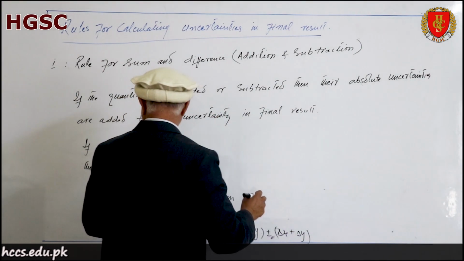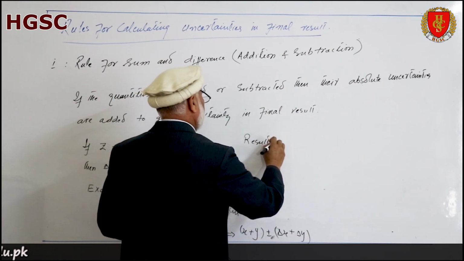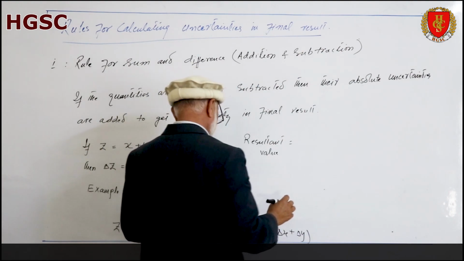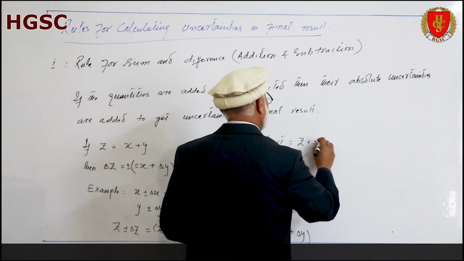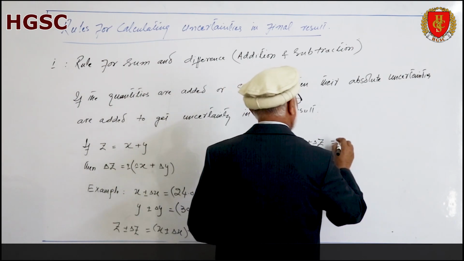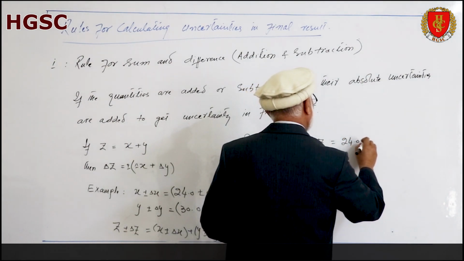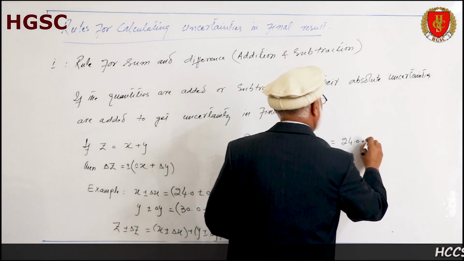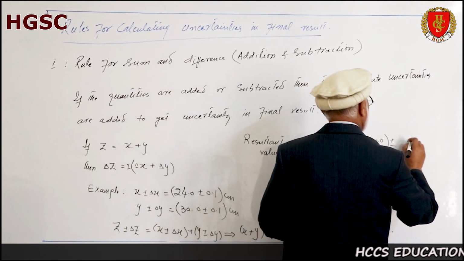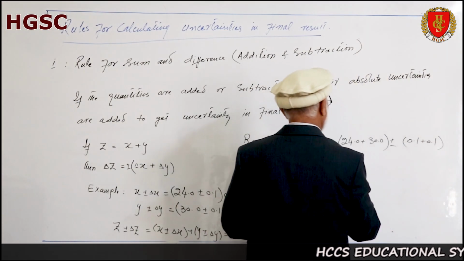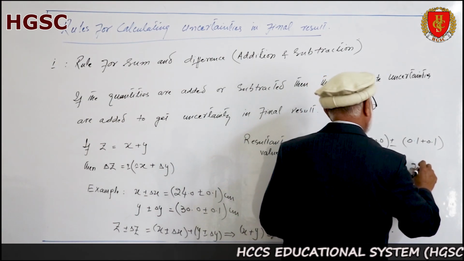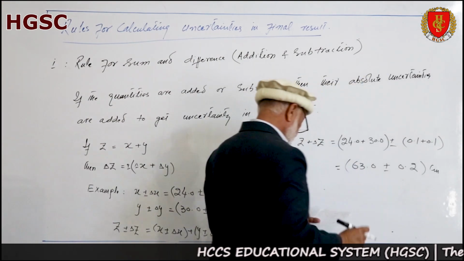So the resultant value z plus minus delta z is equal to 24 plus 30, plus minus 0.1 plus 0.1, and this is 54 plus minus 0.2 centimeter. This is the answer.